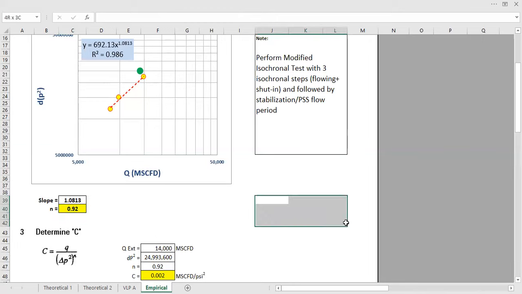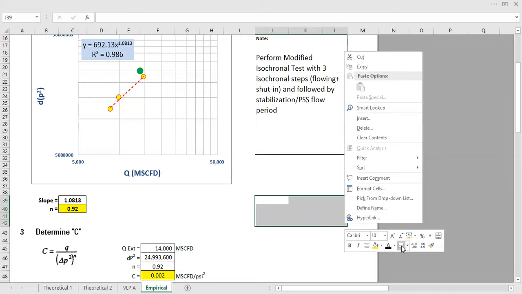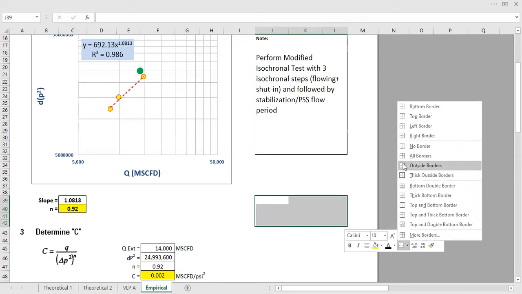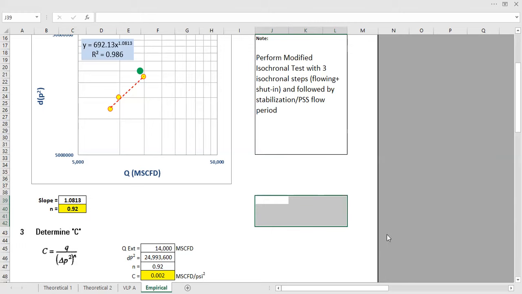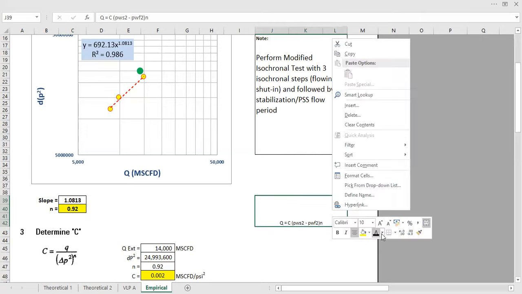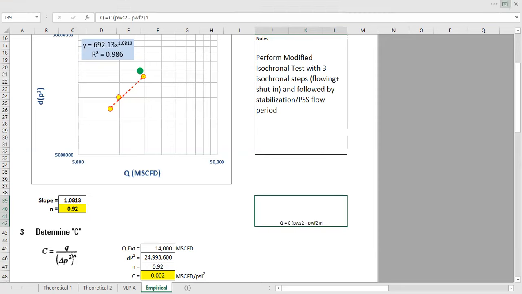Right. So maybe I can make the equation here so that we can understand it better. All right. So the flow rate is C and then (PWS squared minus PWF squared), close, and then powered by N. All right.